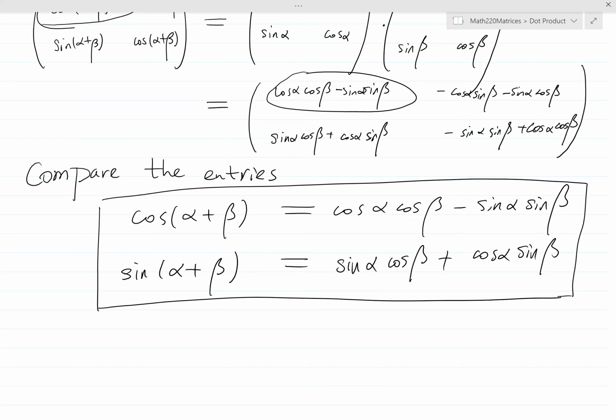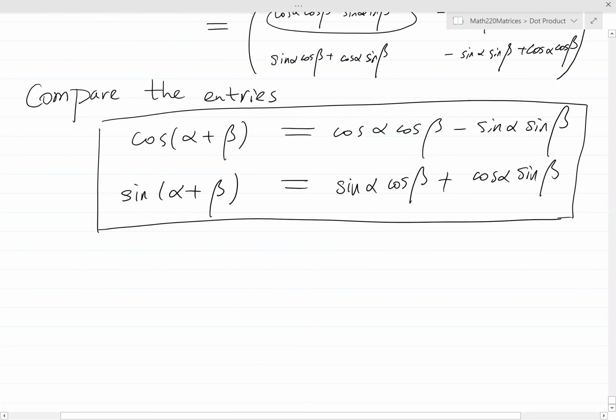When we do rotation, we can add the angles. You rotate by alpha and then rotate by beta, which is the same thing as rotating by alpha plus beta. So this is what the trig addition implicitly says.